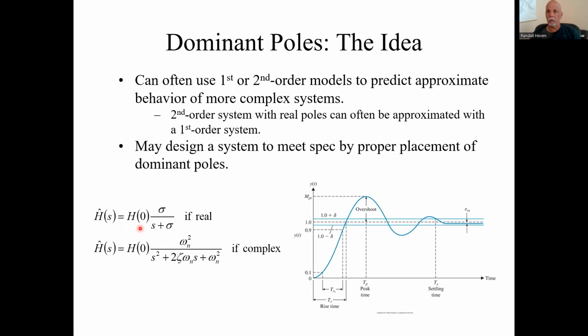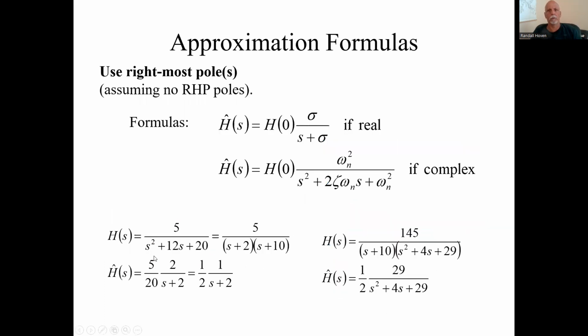So if your original function had a different final value to a step input, you need to scale it so they both have the same final value. Similarly, if your rightmost poles are a complex pair, you would approximate it with a prototype second order system scaled by that final value to a step input. Let's see how that works.